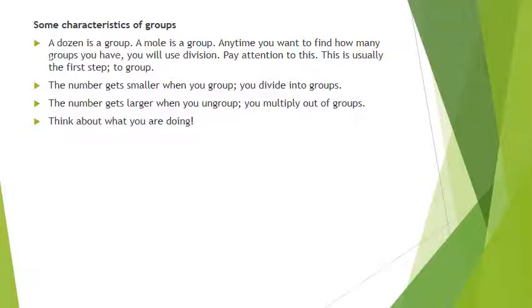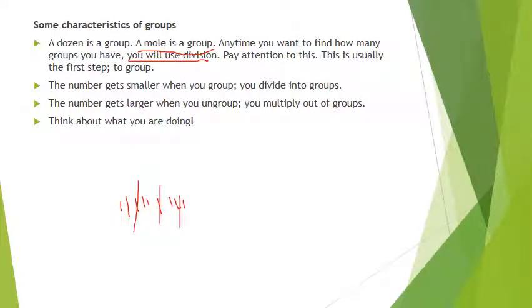So let's go back to groups for a second because all of this is grouping. So a dozen is a group. A mole is a group. So anytime you want to find out how many groups you have, you will use division. So if you have a bunch of things and you want to put them into groups, you're going to divide them up into groups.